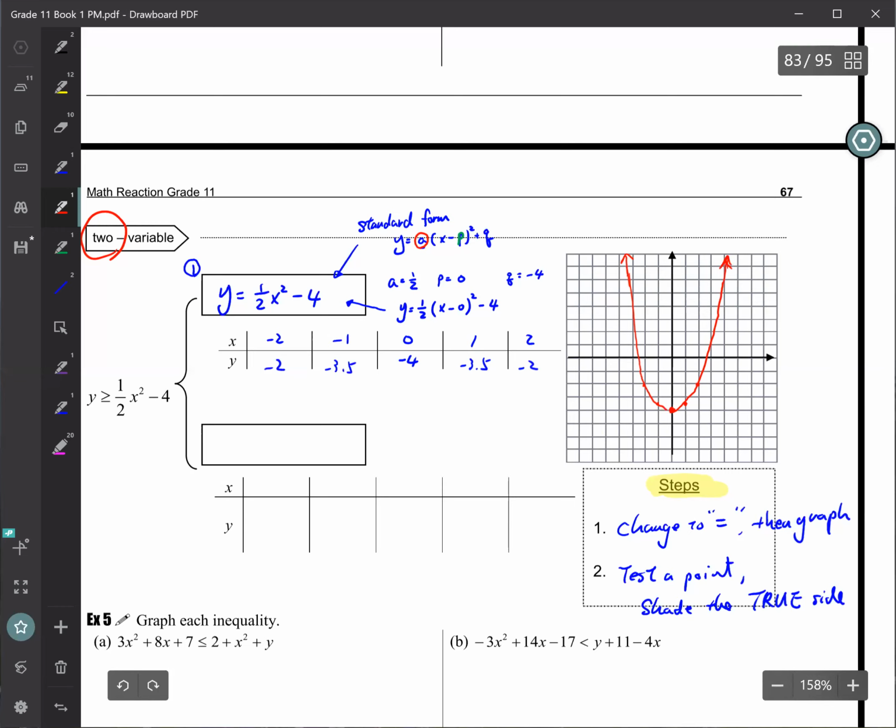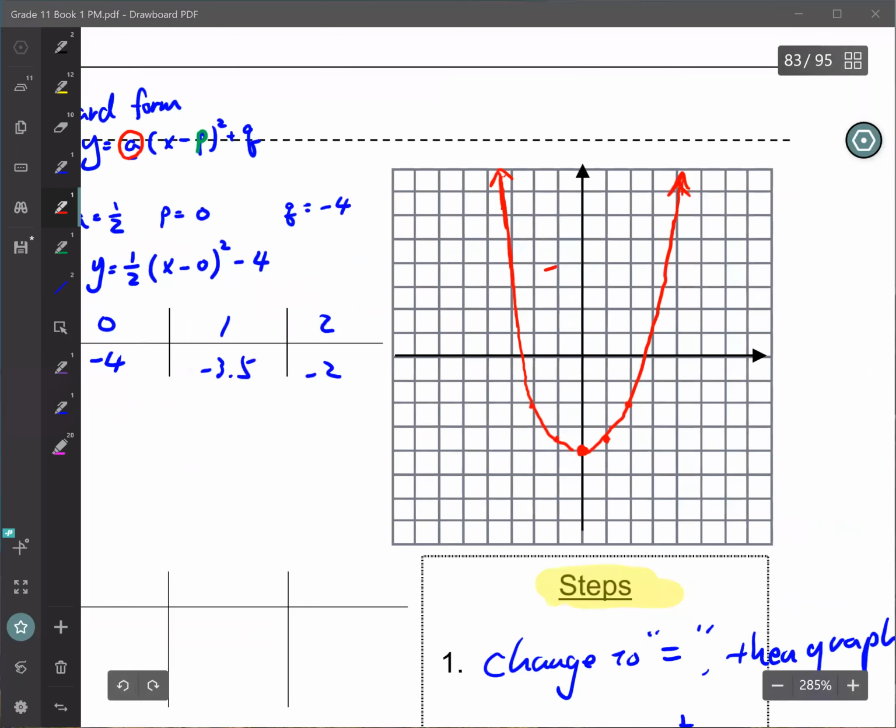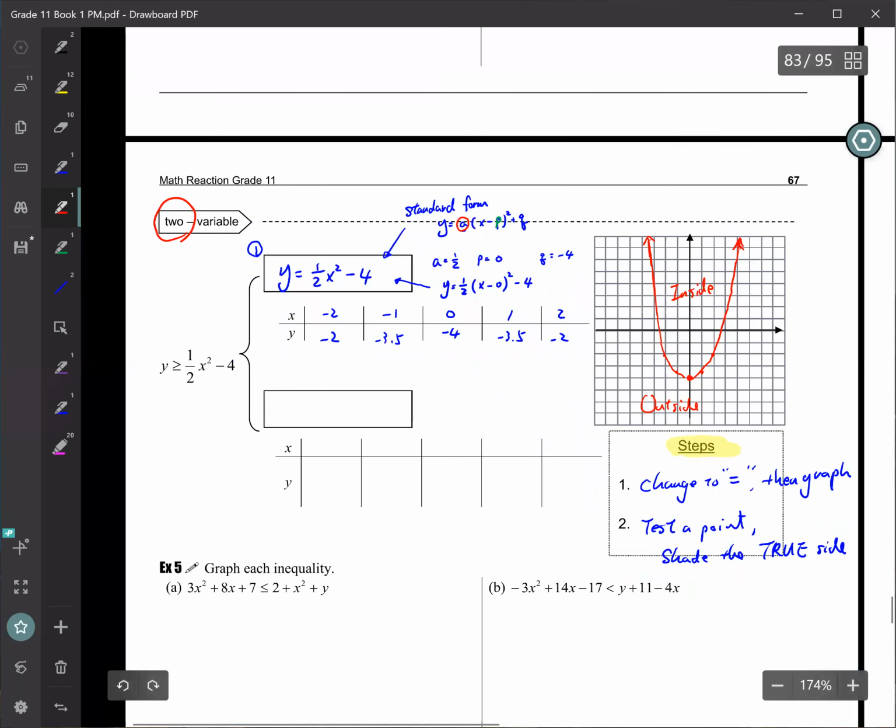Different from straight lines, a straight line cuts the whole grid in half. For a parabola, it divides into the inside and the outside. This part is the inside, and this part is the outside. Inside the parabola and outside the parabola.